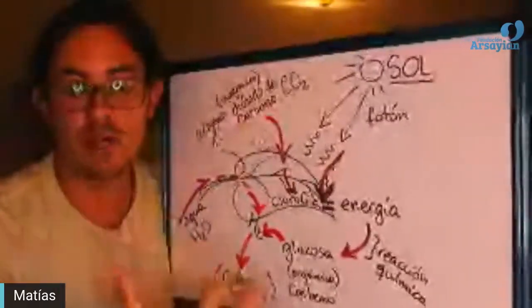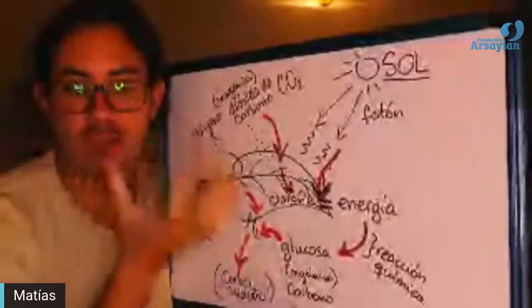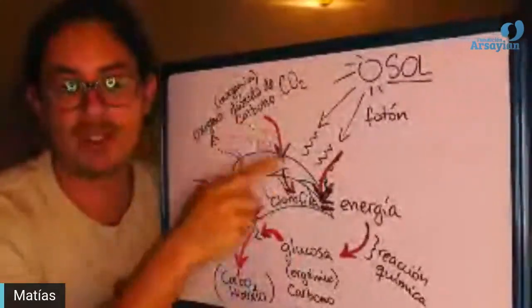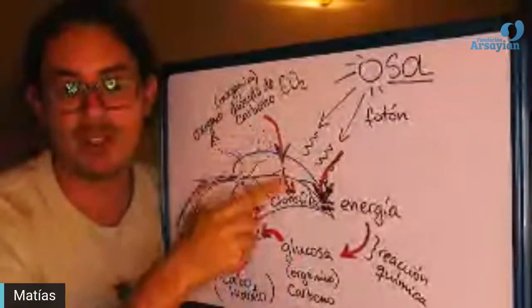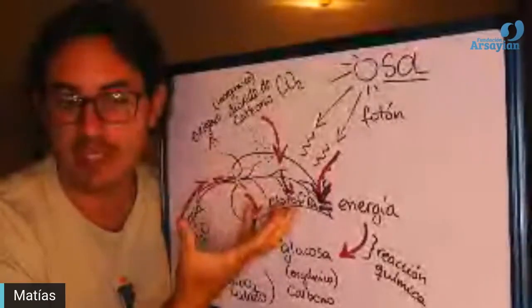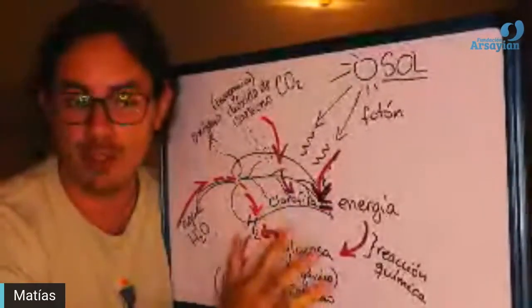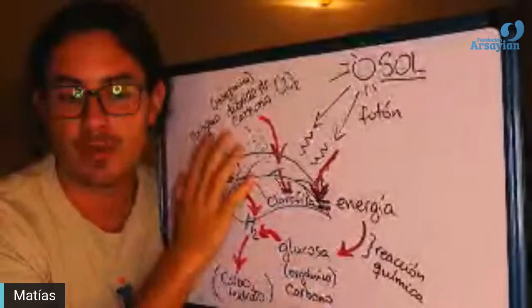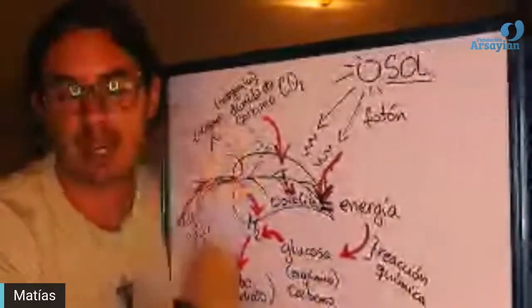So we breathe in the air and we breathe out the carbon dioxide, which is basic for the plant to produce its food.